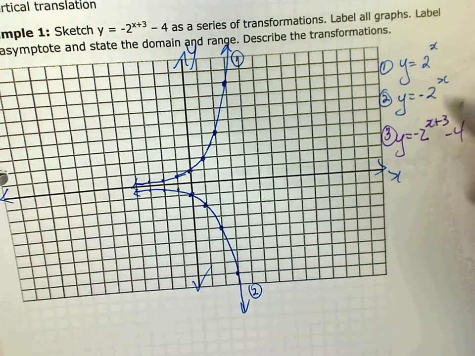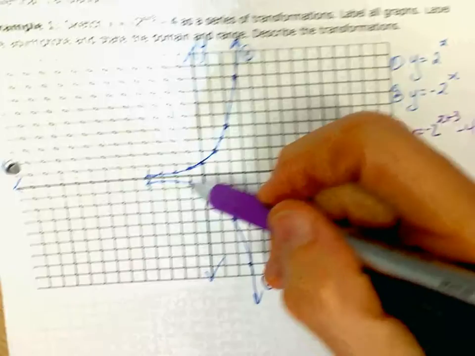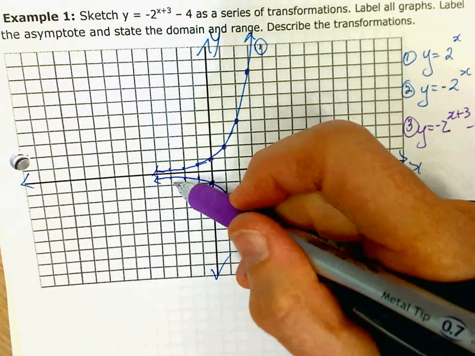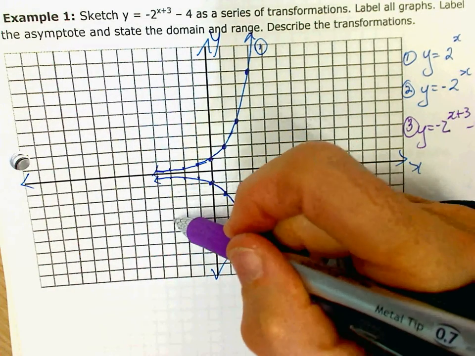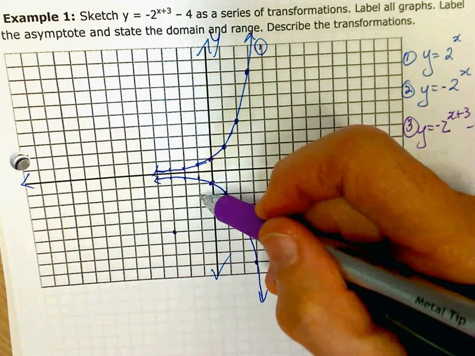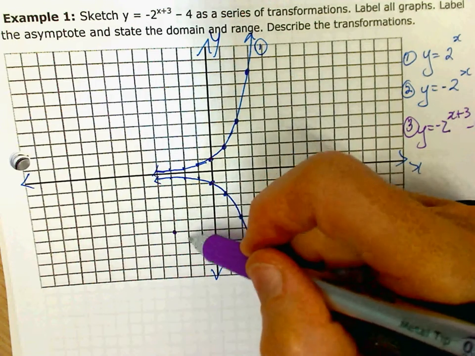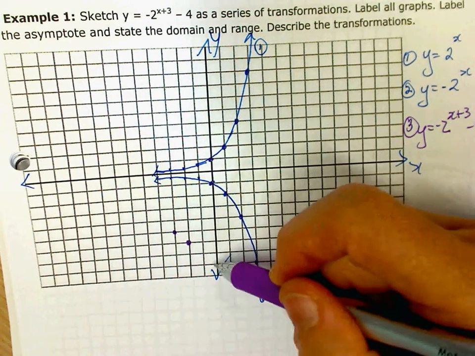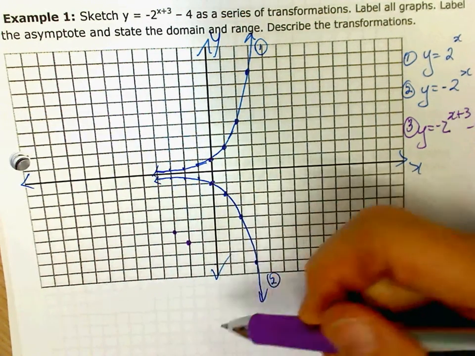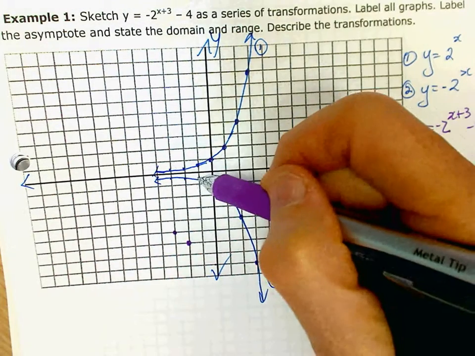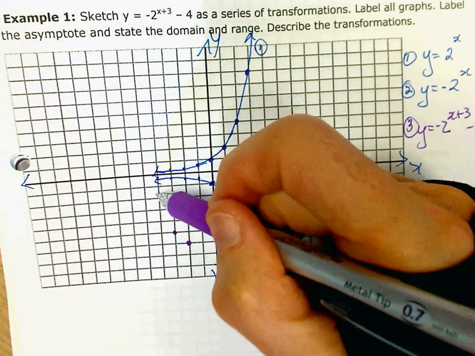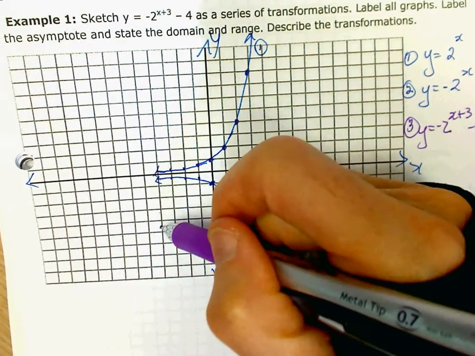We go left 3, down 4. 1, 2, 3. 1, 2, 3, 4. 1, 2, 3. 1, 2, 3, 4. 1, 2, 3. Ah! One goes off the graph. That's okay. Let's do this guy. 1, 2, 3. 1, 2, 3, 4.